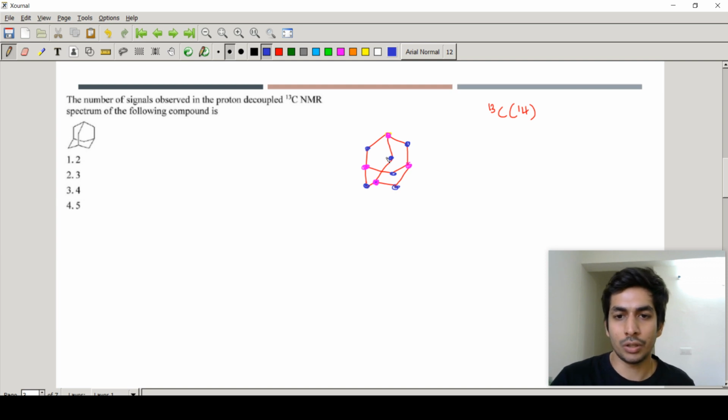You can see that this blue carbon that I've marked is adjacent to 2 magenta carbons, and 1 magenta carbon is adjacent to 2 blue carbons. Similarly you can check out the environment over here. So these blue carbons have the same environment, and these magenta carbons have the same environment. So you'll only get 2 peaks in the 13C NMR for this compound. You can check it out by yourself also.